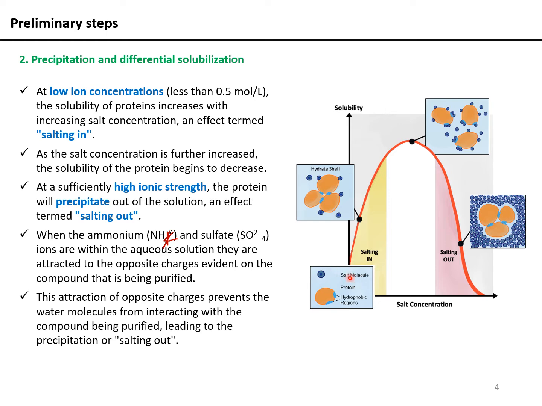As you're increasing salt concentration, solubility is increasing up till a certain point, and then you reach this equilibrium point, or rather the tip of the bell-shaped curve, where you have an optimum amount of ions in the solution because of the salt that you have added, and they are stabilizing the protein. In fact, if you compare this image with this, over here you can see that different molecules are interacting with each other through these hydrophobic regions.